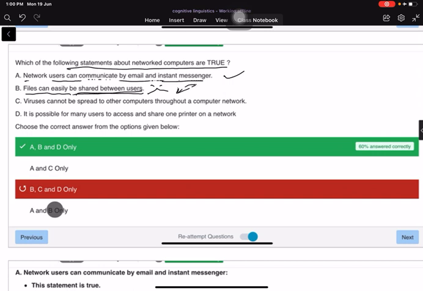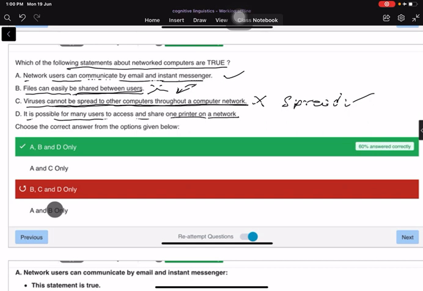And "viruses cannot be spread to other computers throughout a computer network", well, that's not correct, because it can spread. And it is possible for many users to access and share one printer on a network. That is correct.